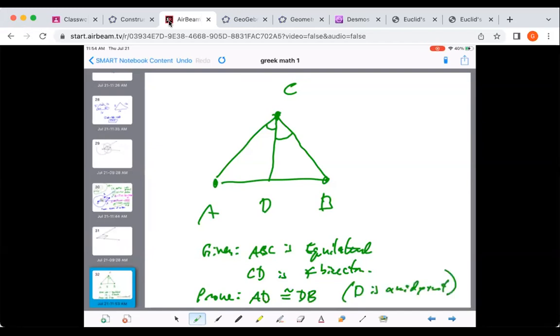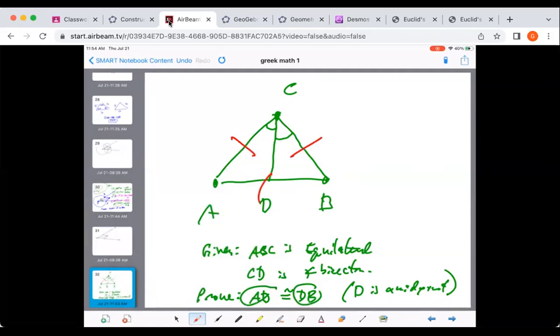Okay, what's going to be the key proposition that gets used to prove that AD is congruent to DB, which would make D the midpoint? This would be the SAS? Yes. SAS. This side equals this side, the third one.